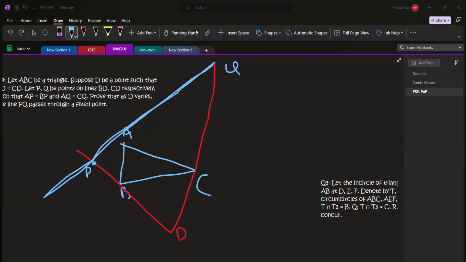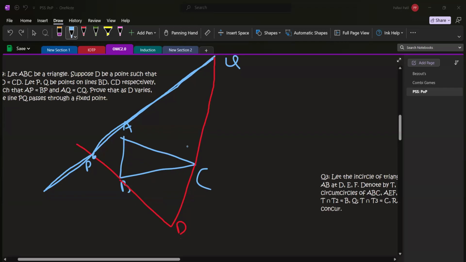Okay, first thing, this seems like a pretty intimidating question. It would be good to make some conjecture about what that fixed point is. What could the fixed point be?